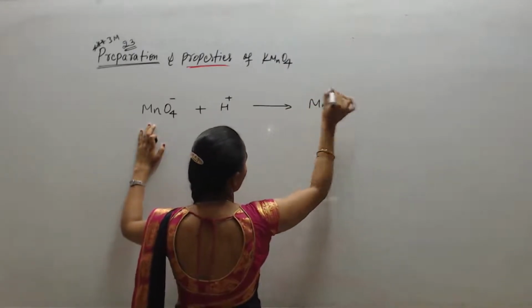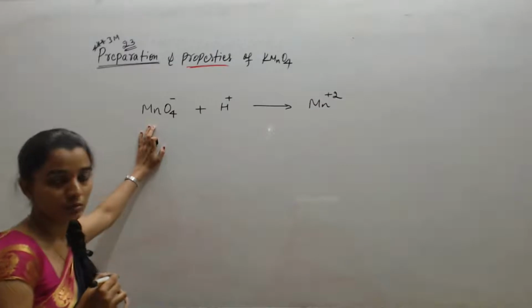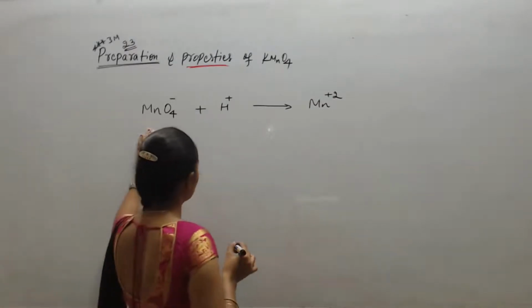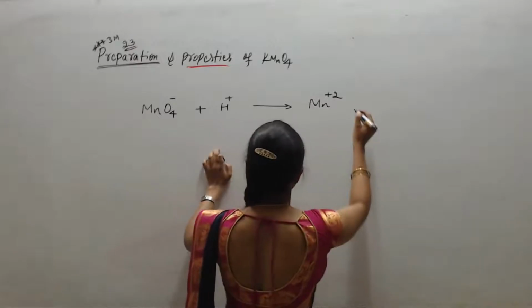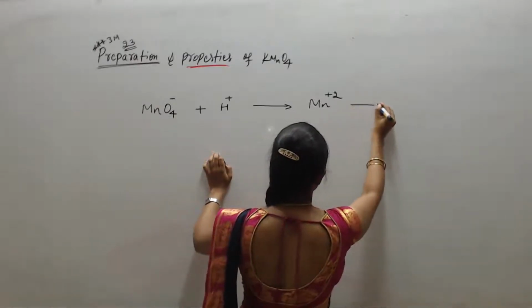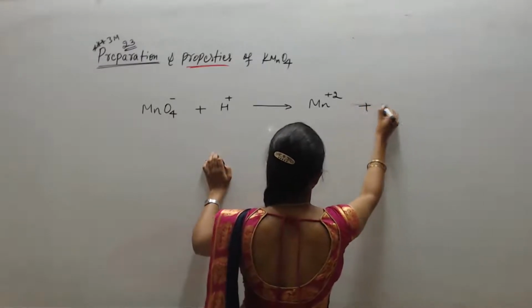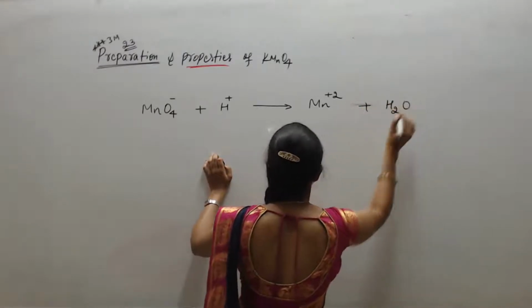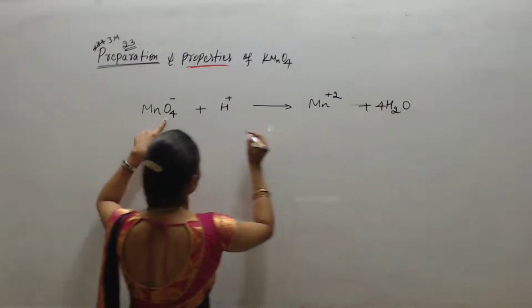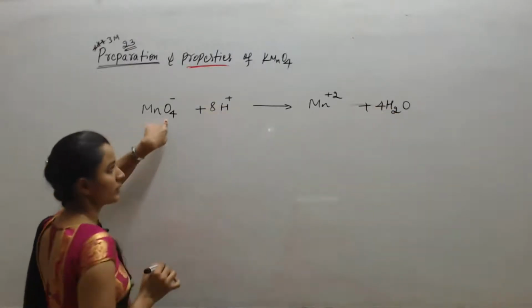Mn plus 2. So this changes to Mn plus 2 plus H2O. And say first, here 4 H2O, here 8 H plus.